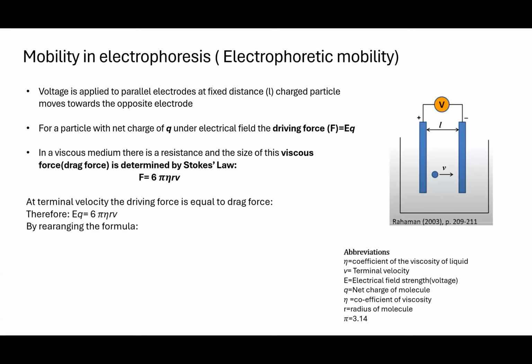When the particle moves through the medium, it's under the influence of two forces. One is the driving force and the other is the drag force. The driving force is the force that pushes the particle in one direction, and its size depends on how strong our electric field is. It also depends on the charge of the particle.